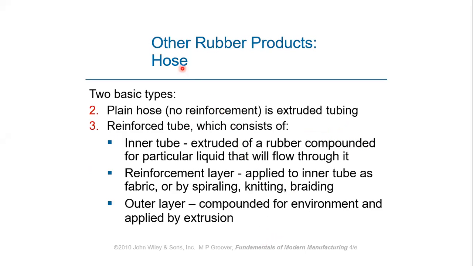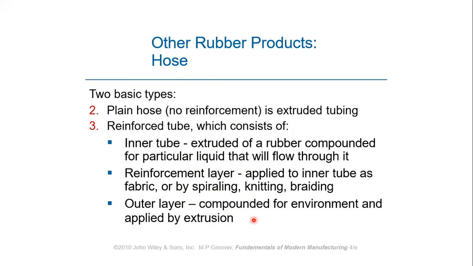And there are hoses. Hose is another application for rubber. It can be a plain hose. There is no reinforcement. It is just extruded tubing, rubber tubes, and sometimes reinforced tubes are also used. Multiple layers can be used for reinforced tubes. The inner tube, a reinforced layer to increase the mechanical property, and then the outer layer applied by extrusion to protect from the environment.